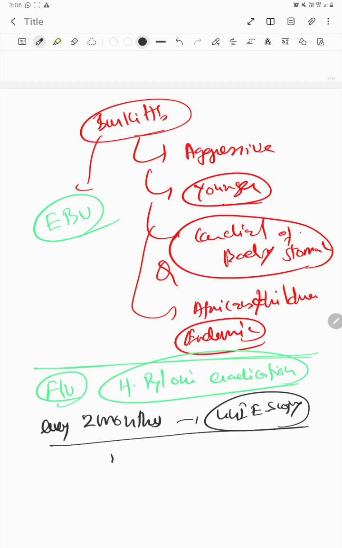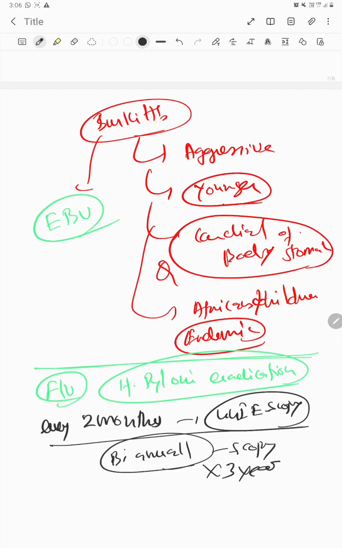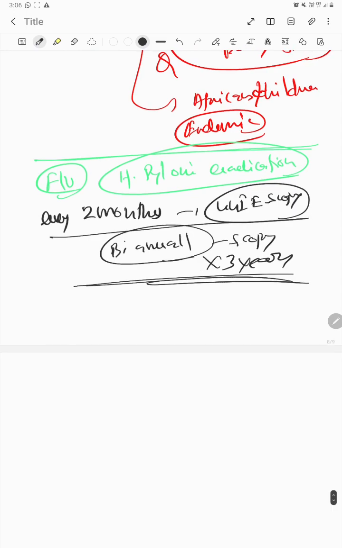After that, biannual endoscopy for 3 years. This is how you follow a case of lymphoma after H. pylori eradication.